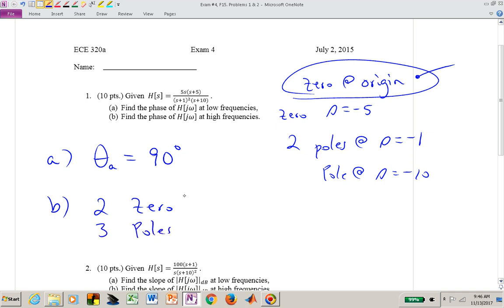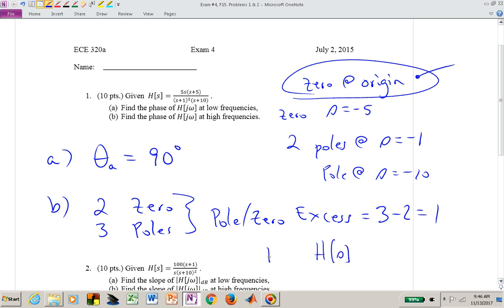At high frequencies, we're really interested in this pole zero excess, or how many more poles we have than zeros. In this case, we have one more pole than zero, meaning at high frequencies, this H of S is looking like a 1 over S.